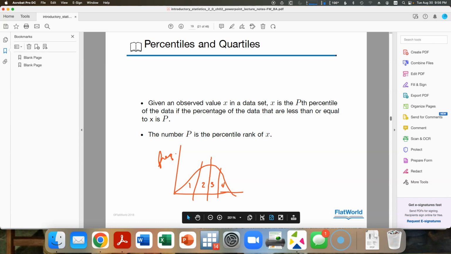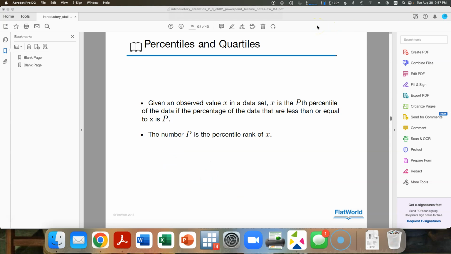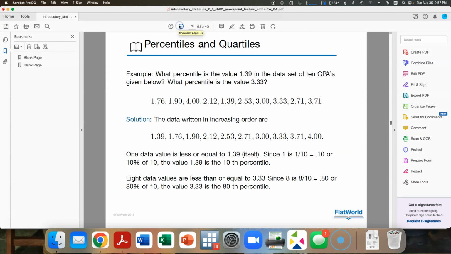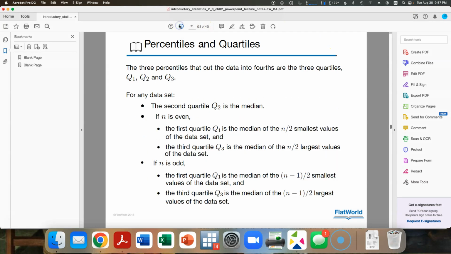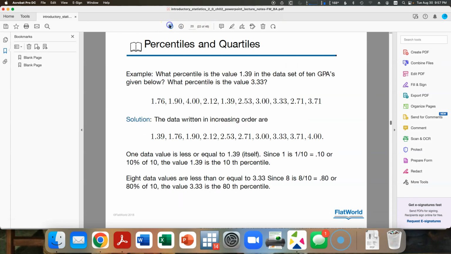And as we start to bring this all together, I think we'll start to see it here. Okay, so let's remember that chart I just drew. Let's go back here to calculating the percentiles and quartiles.